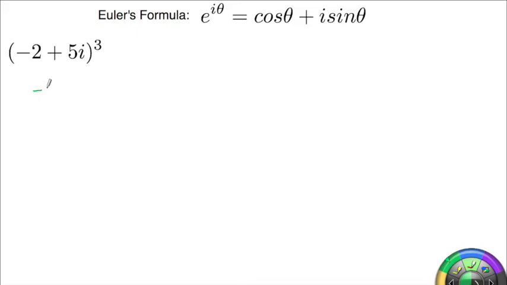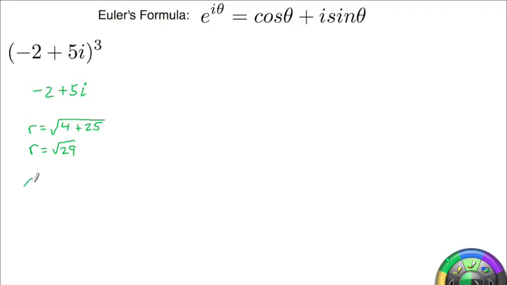So I'm going to need to take negative 2 plus 5i and convert it into polar form. So let's see, r is going to equal the square root of a squared plus b squared. So 2 squared plus 5 squared. So r is going to be the square root of 29.